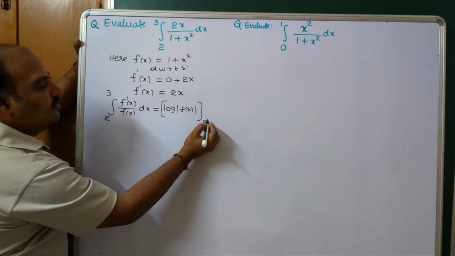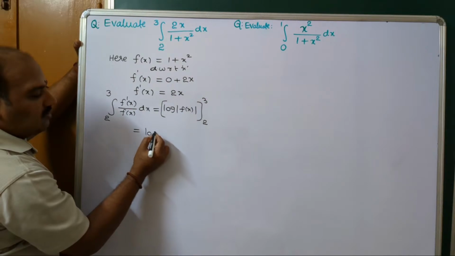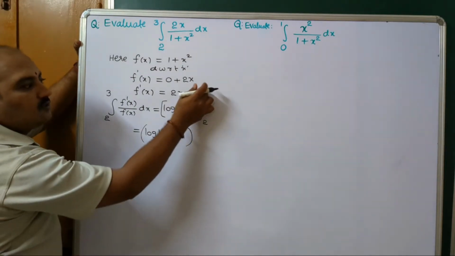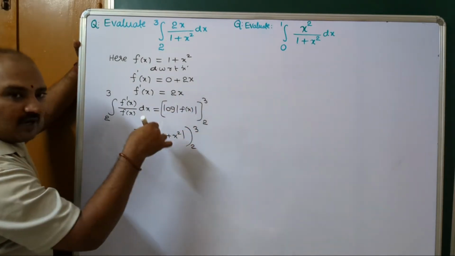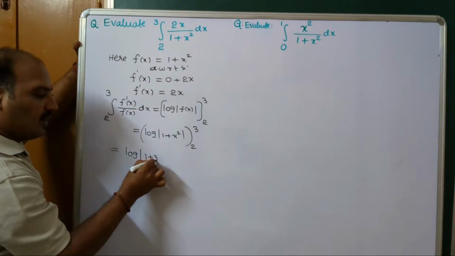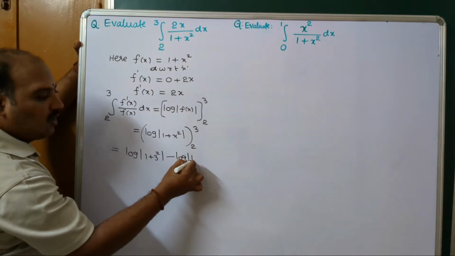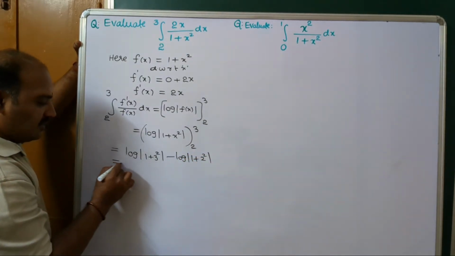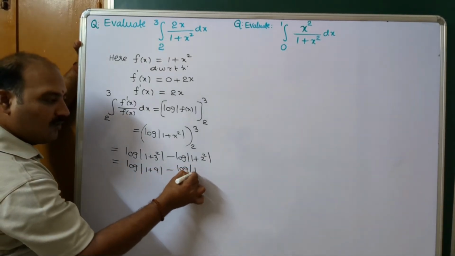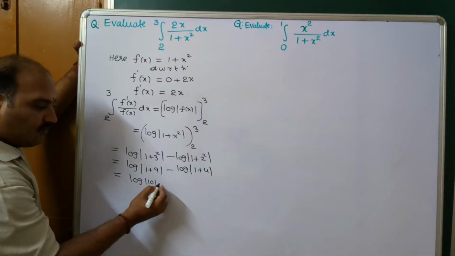So log of 1 plus x square from 2 to 3: upper limit first, log 1 plus 3 square, minus lower limit, log 1 plus 2 square, which is log 1 plus 9 minus log 1 plus 4, equal to log 10 minus log 5.